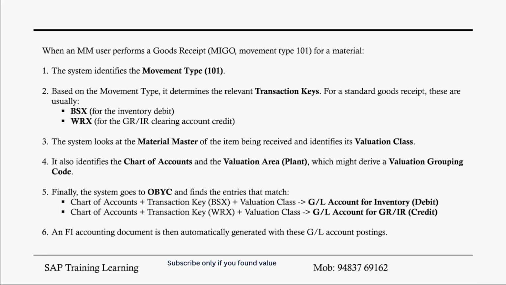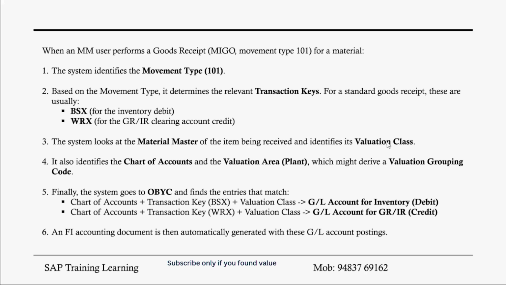Clear, right? Again, this valuation class represents the finished product or raw material categories. Within finished products also, you can have 1, 2, 3, 4 GL accounts. That depends on the scenario.